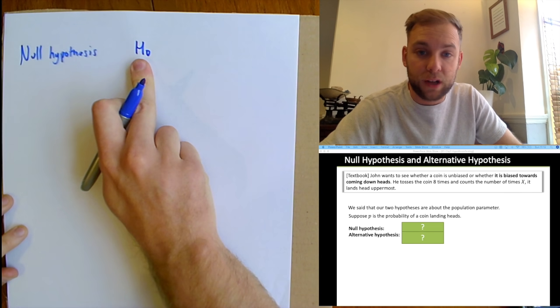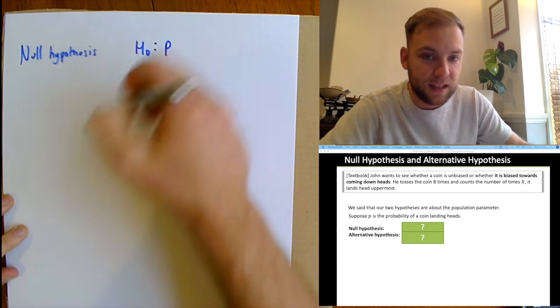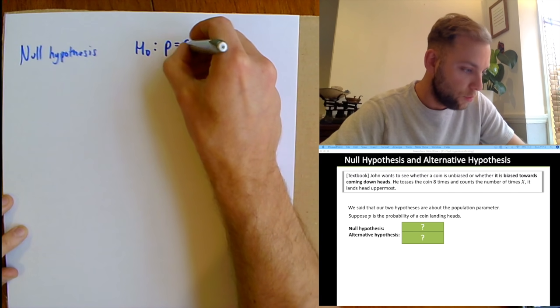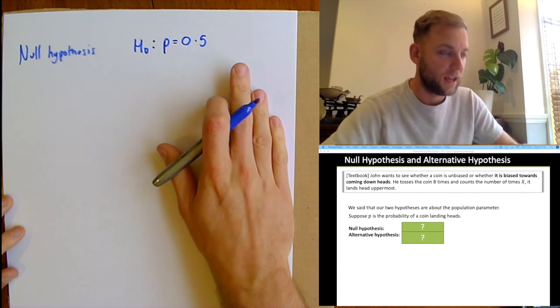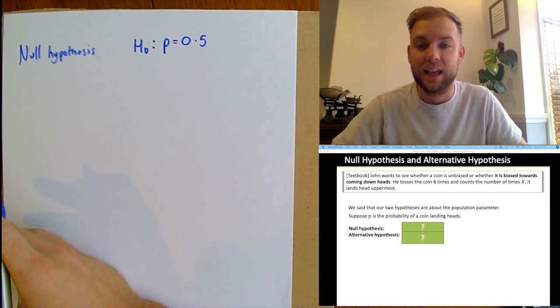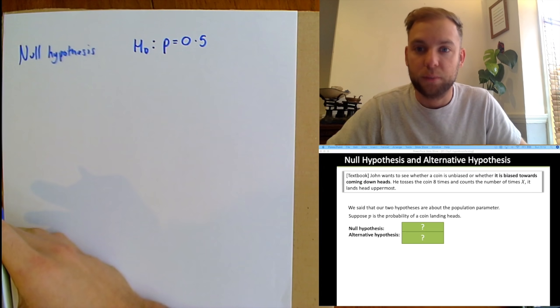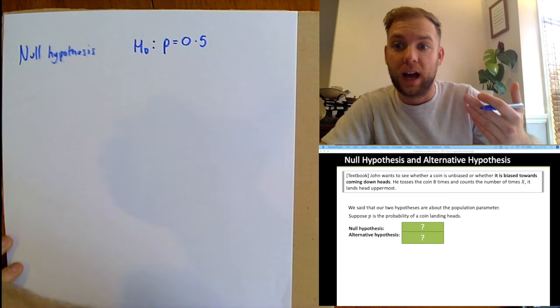Remember, H0 is your null hypothesis. So H0 is that the probability of getting heads is equal to 0.5. That's my null hypothesis there. So your population parameter: my initial statement is that the probability of getting heads is 0.5. Then I've got my alternate hypothesis.